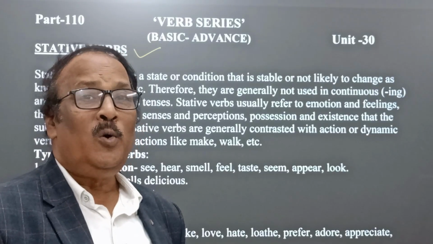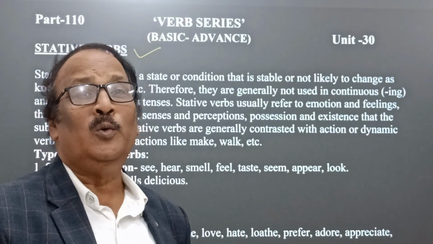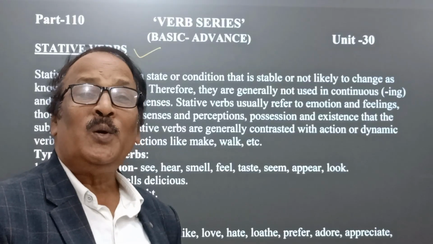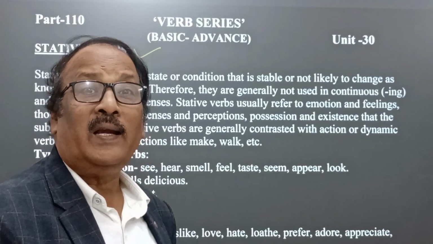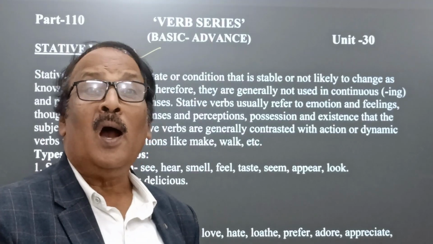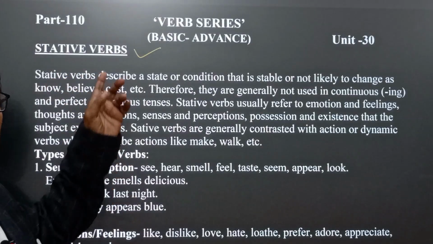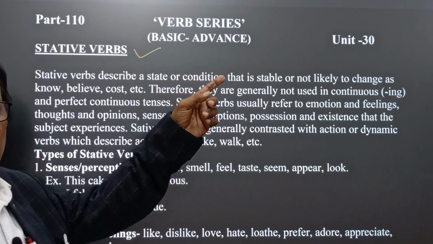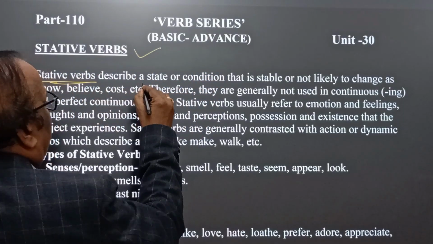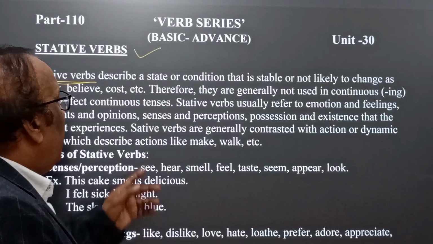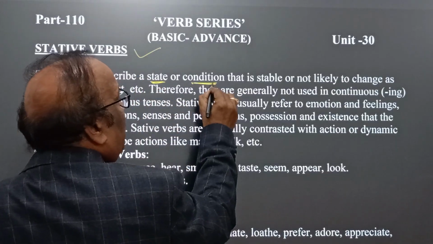In today's segment, I am going to draw your attention towards the significance of stative verbs. Let's see how. The topic of today's unit, that is unit 30, is stative verb. Stative verbs describe a state or condition.